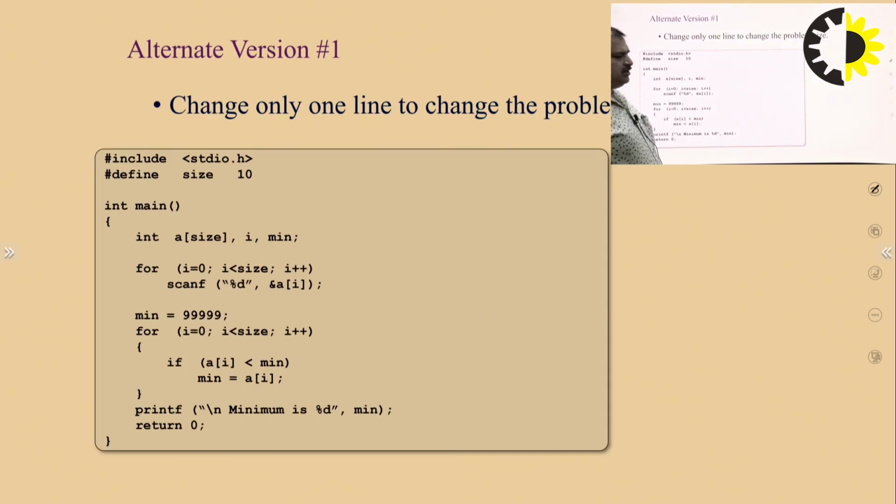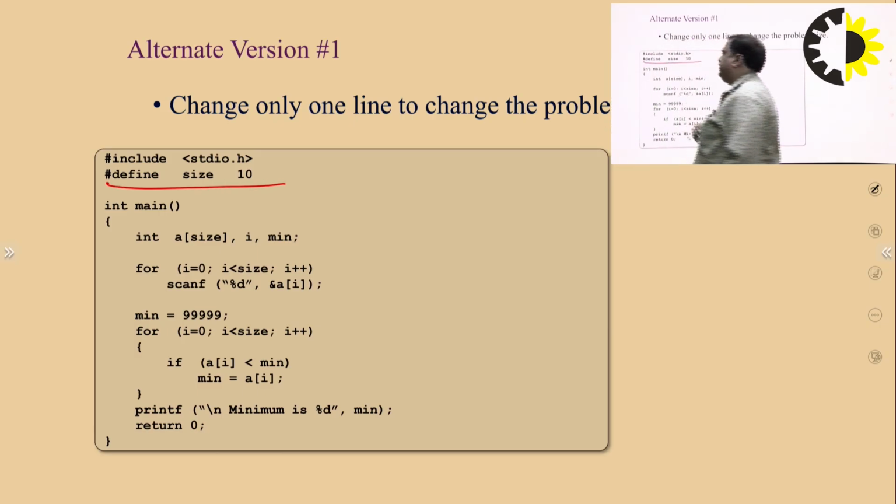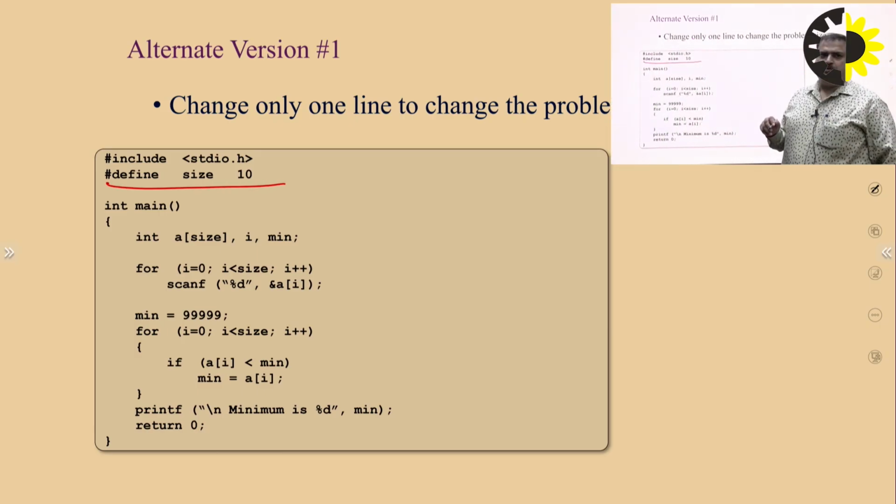So here, as we cannot grow or shrink the size of an array, we can use a macro like #define SIZE 10. We have used a macro SIZE, and we have given 10 here, and we are performing our program using this size.